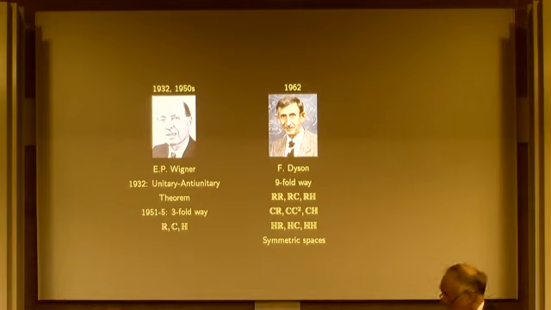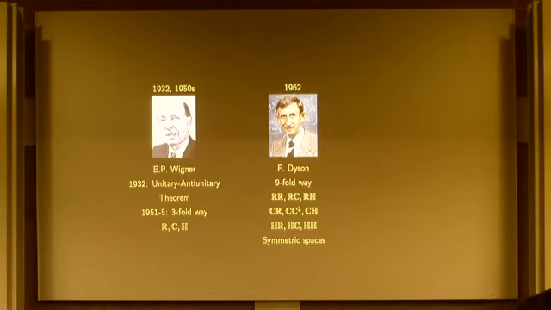When he first did this, there wasn't so much application for anti-unitary, but a very important part here is played by the notion of time reversal, which has to be represented by an anti-unitary operator.